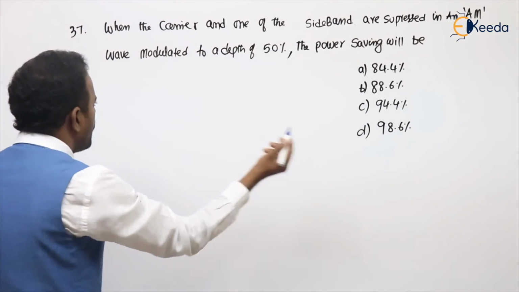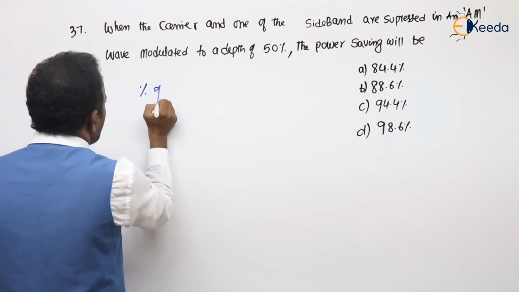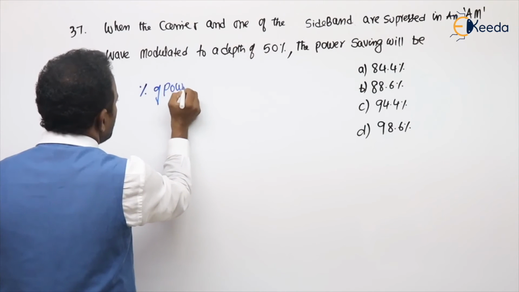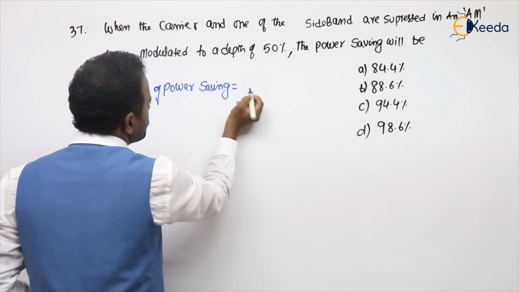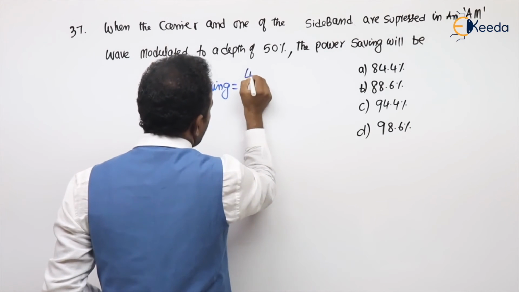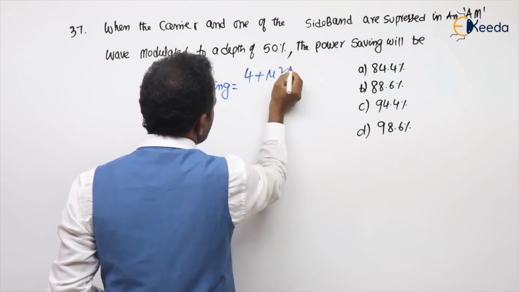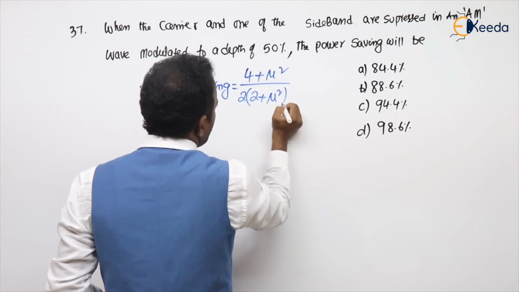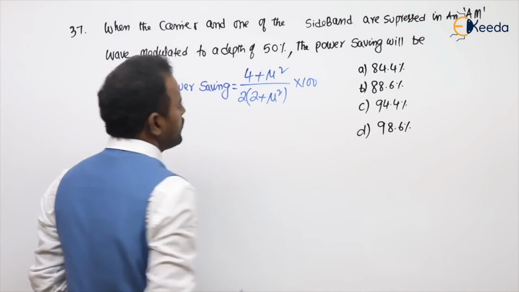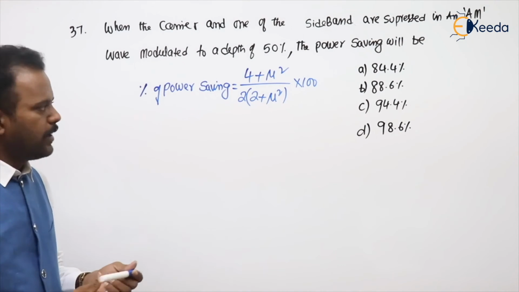What is the formula we have? Percentage of power saving equals, the formula we got just now, 4 plus mu square by 2 into 2 plus mu square, into 100.